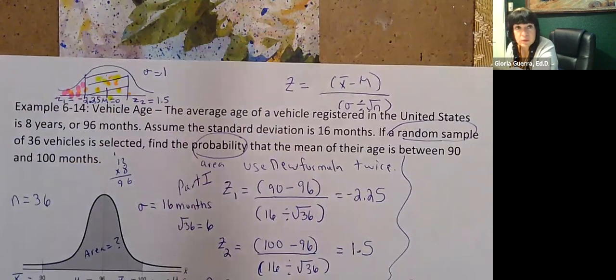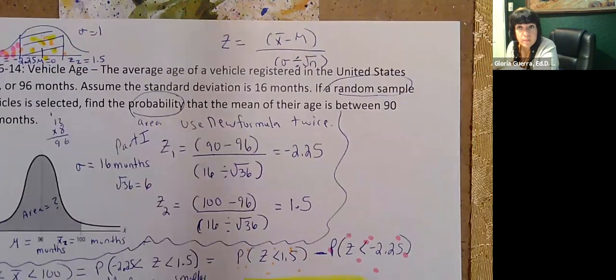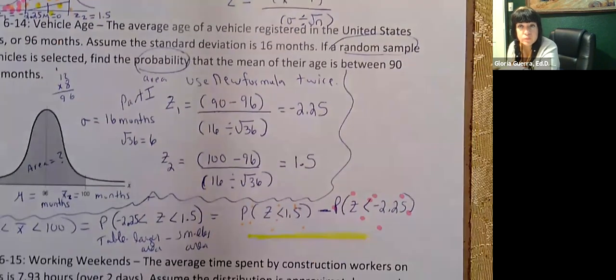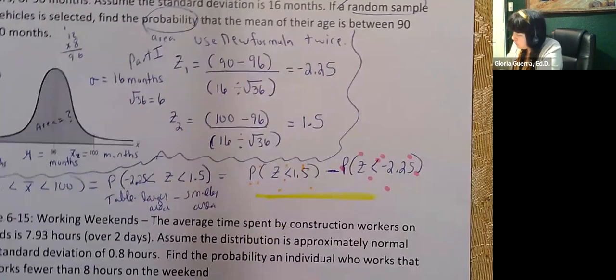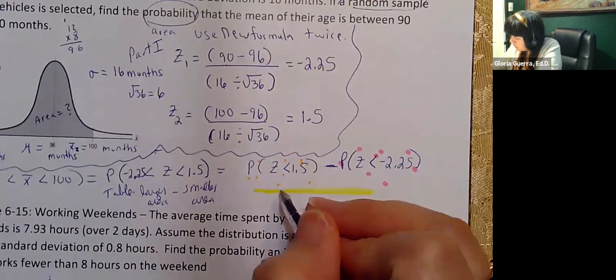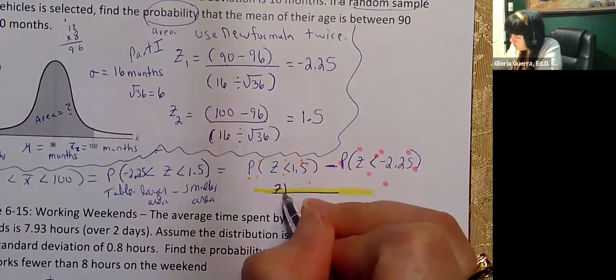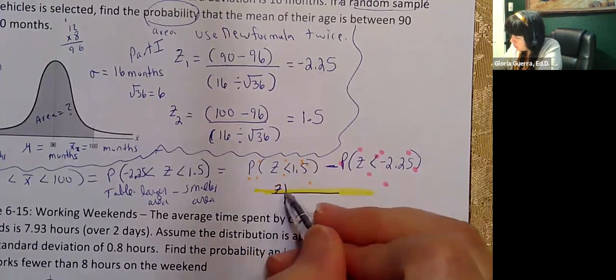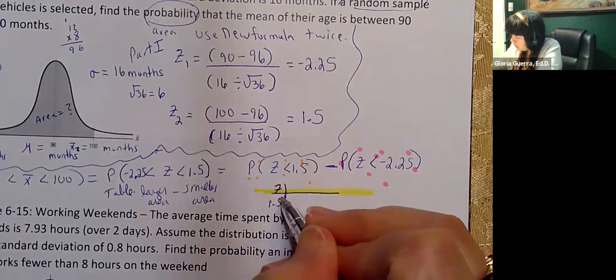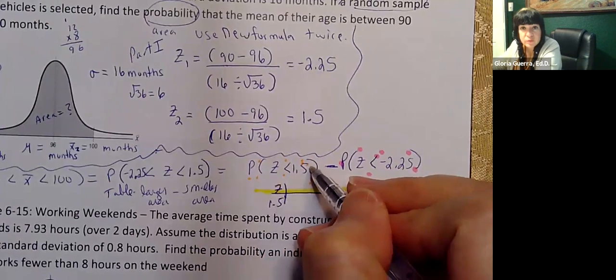So in our table we have z, and remember this is 1.5. If it helps you, you can put a 0.